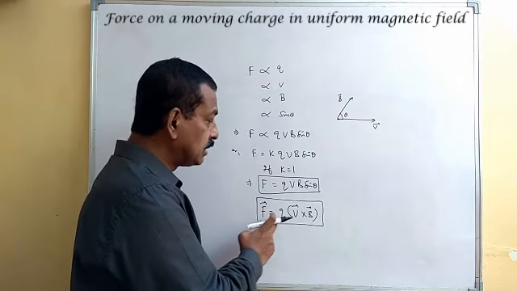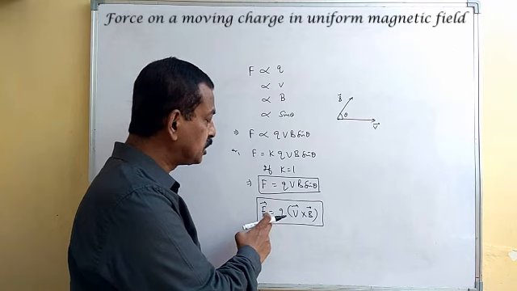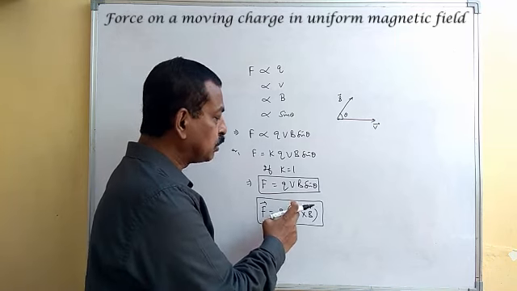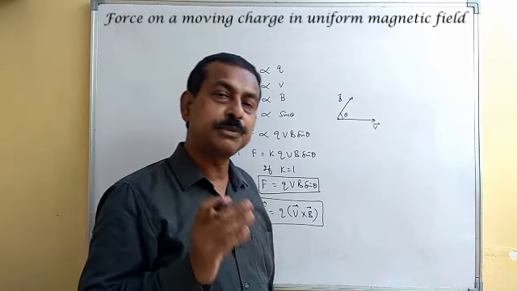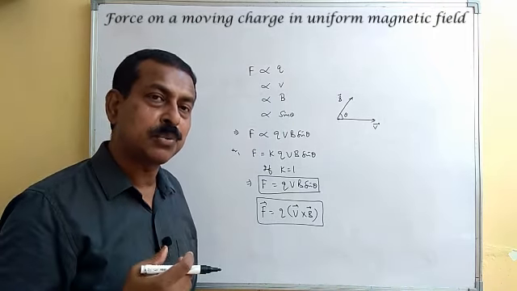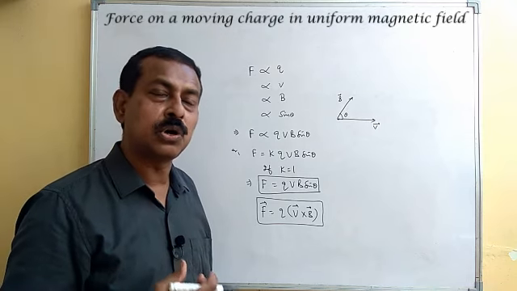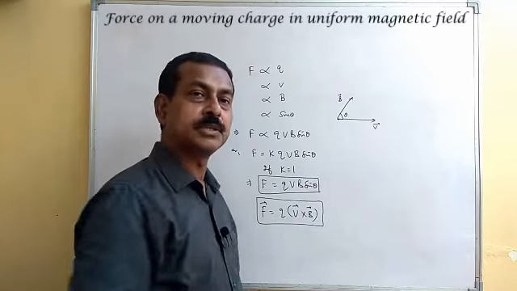Now, since it is a vector quantity, we need to find the direction of this force. You can see it is the cross product of V and B. So we can take help of either the right hand screw rule or the right hand thumb rule to get the direction of this cross product.